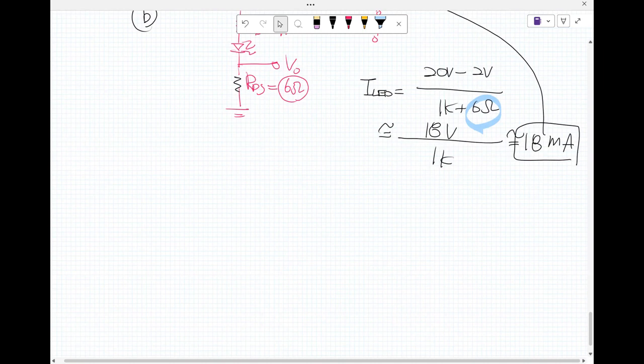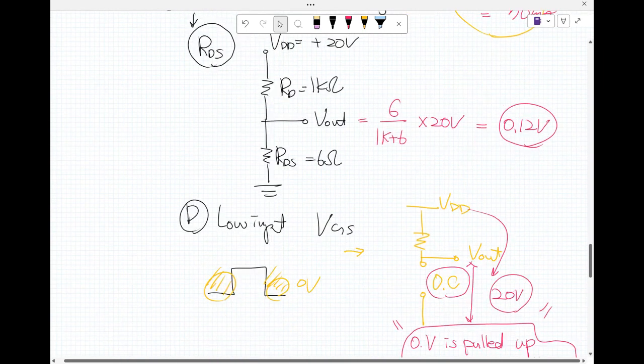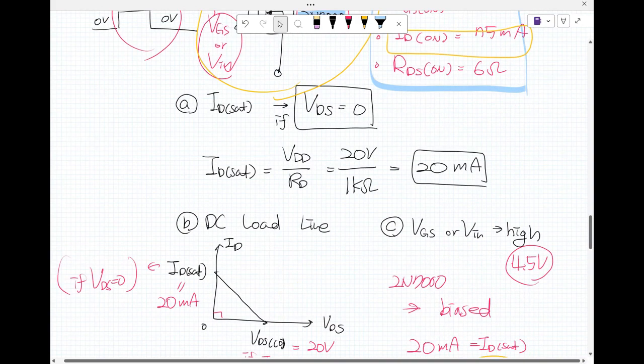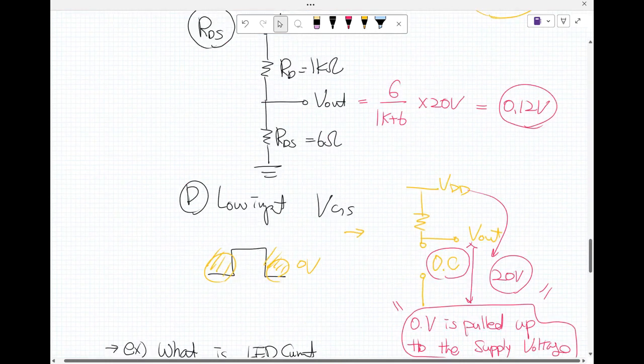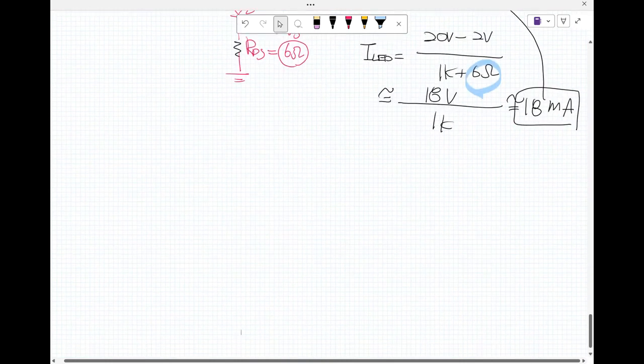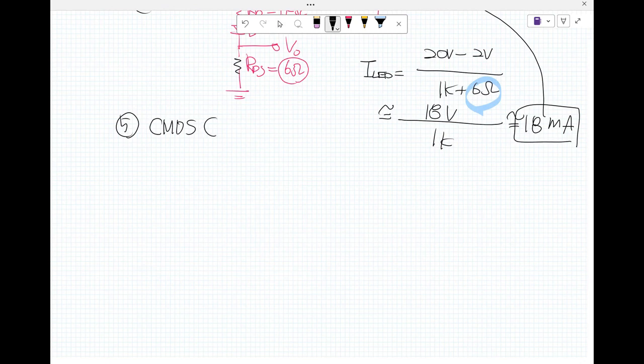Okay, what about CMOS? CMOS, complementary MOSFET.